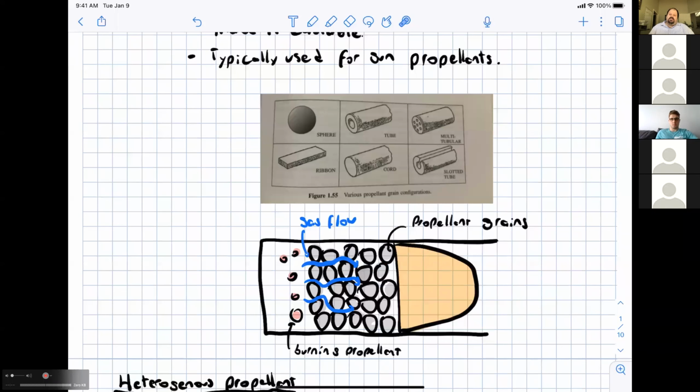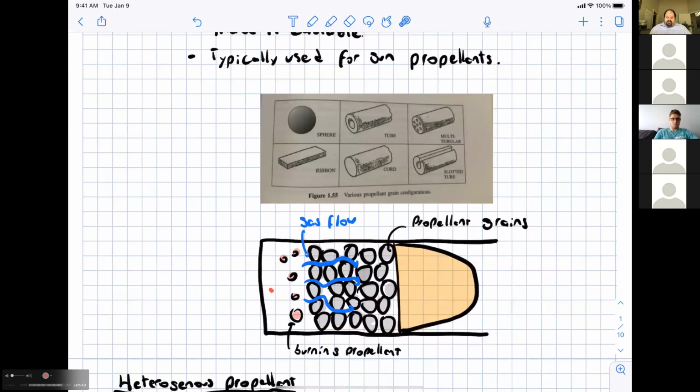And this is a really complicated multi-phase flow. For any of you who work with multi-phase flows, you can instantly recognize that even if we use so-called ball propellant, or spherical grains, this is a very complex flow. You have very densely packed powder here, which can be at the packing limit.